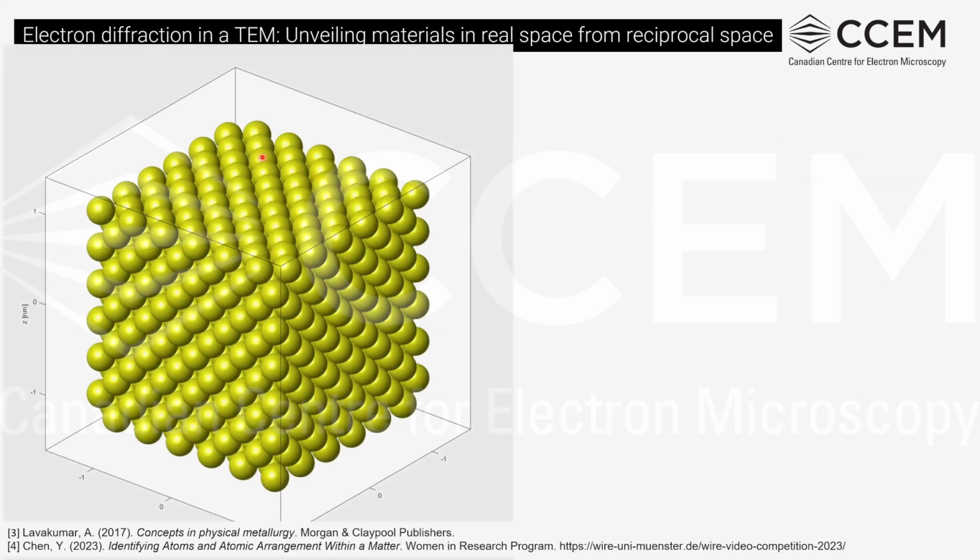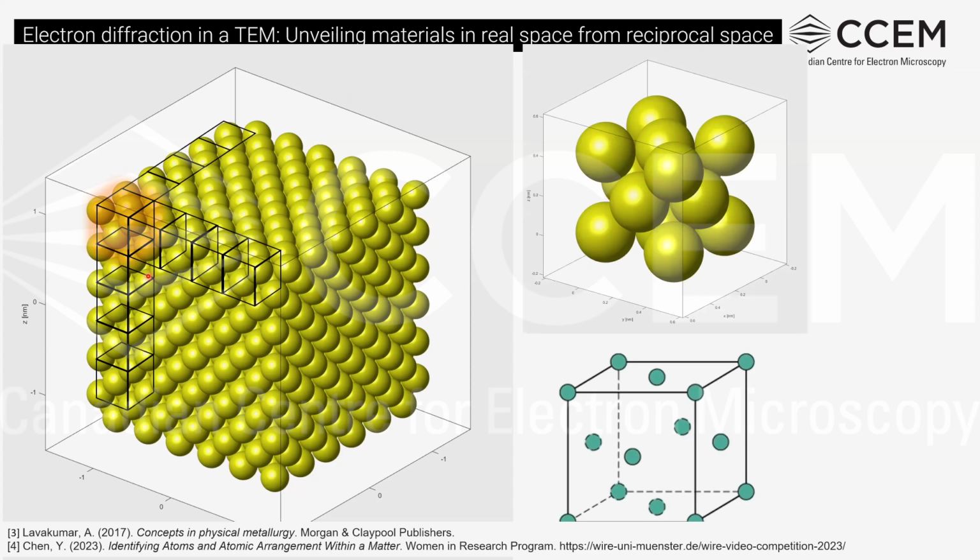This is the simulation of a group of aluminum atoms. You can see inside this group, there is a small cubic unit. If we replicate this unit, stacking them from front to back, up to down, left to right, you will get this group of aluminum atoms.